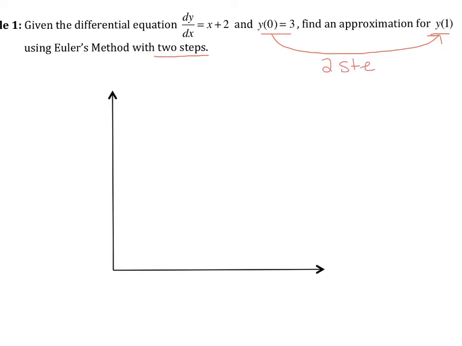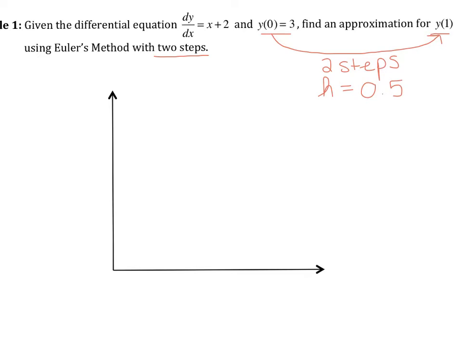So that should infer for us our step size, right? We need to travel a distance of 1 in 2 steps, so that informs us that h is a half. So sometimes they'll say using a step size of a half, or sometimes that'll sort of be embedded in the problem and you have to tease it out a little bit. All right, okay, great. So let's get started.